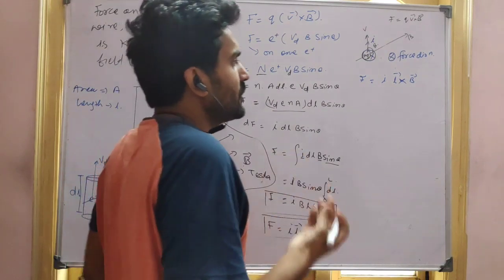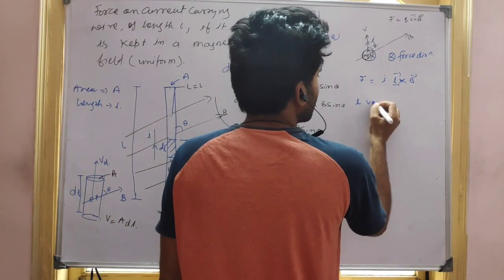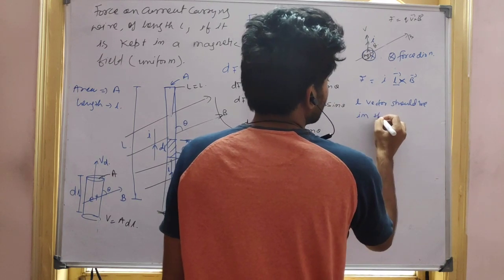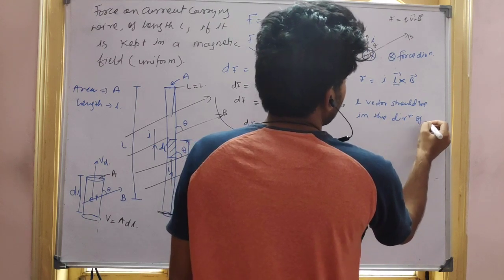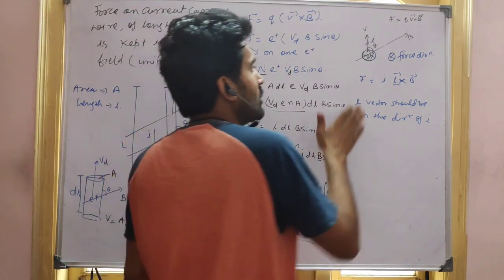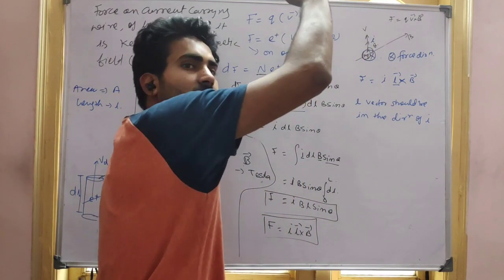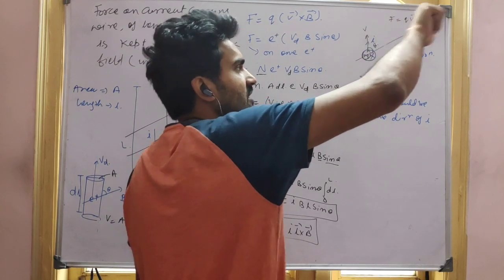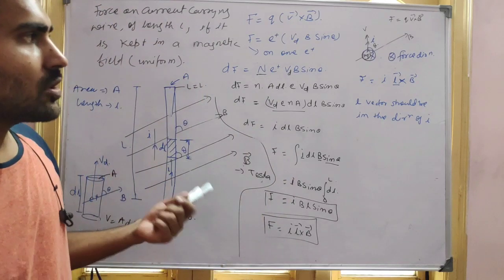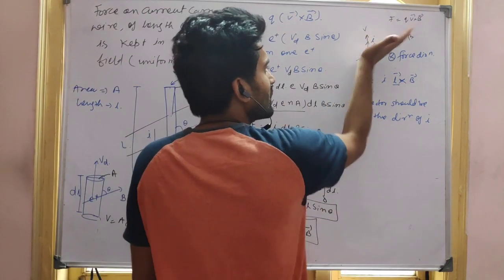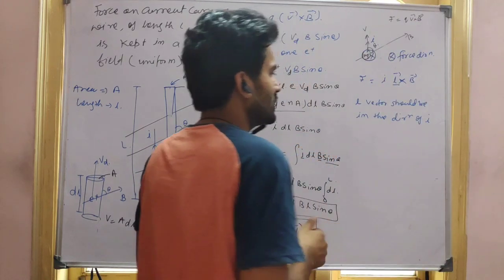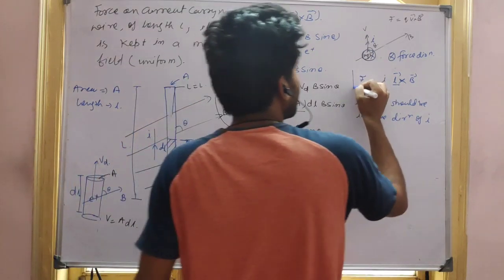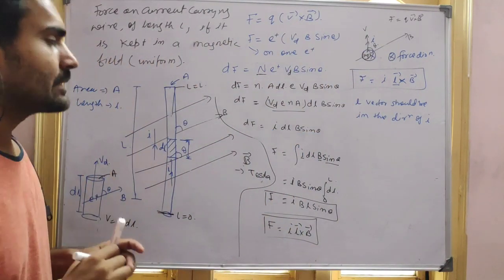At the same time, if we take the L vector, then the L vector should be in the direction of I. If we curl the fingers in this direction, then we will get the force direction same, inward only. But if you take B cross L, then the force direction will be outward. So that's why we write F equal to I L cross B, right?